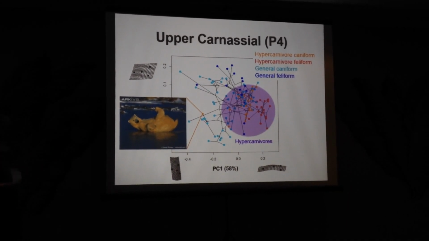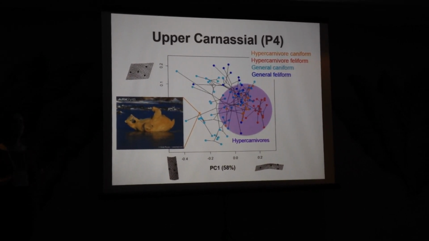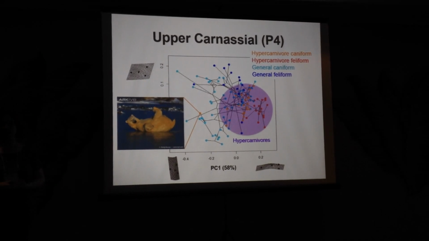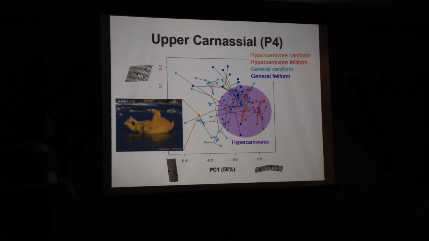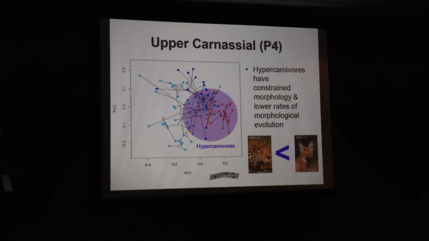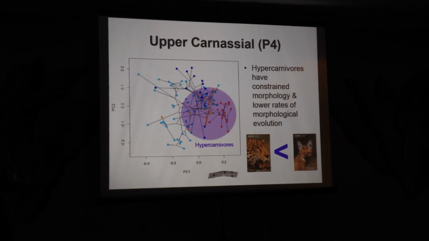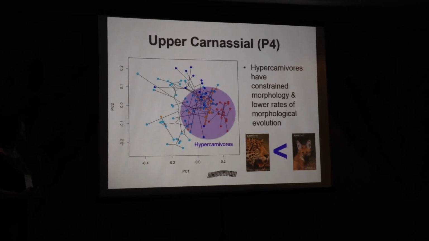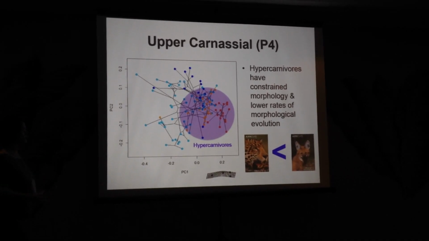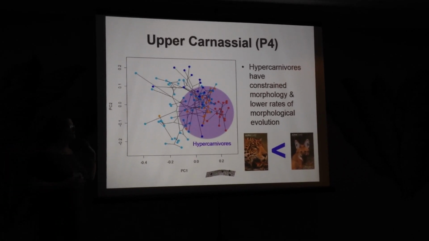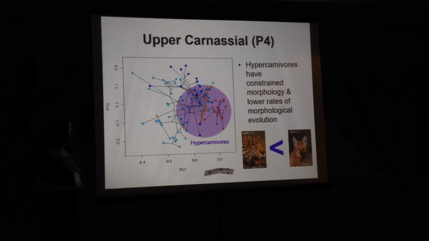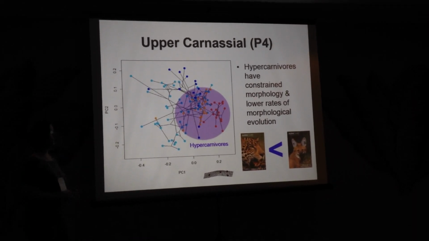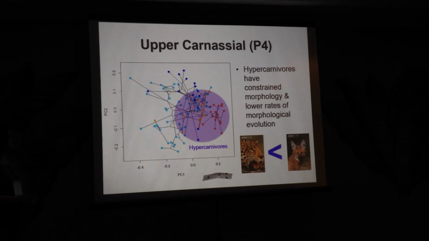Both of those are likely to prevent them from diverging morphologically very much. But in general, with the upper carnassials for the hypercarnivores, we're seeing exactly what we were expecting: slower rates of morphological evolution, consistent with the idea of functional constraints, and we see lower rates within the filiforms.